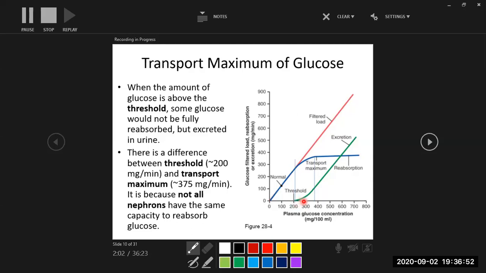Even though we see the excretion, the other nephrons can take more, so we see that reabsorption continually increases. But very quickly they will also reach their maximal reabsorption. And then we will see the excretion continually increase. That's because all the glucose in the plasma has reached the maximal capacity of reabsorption.